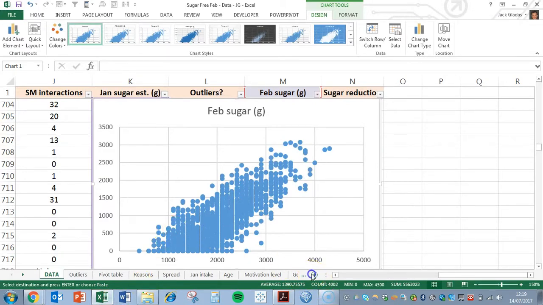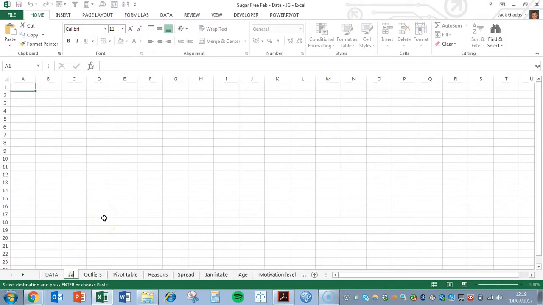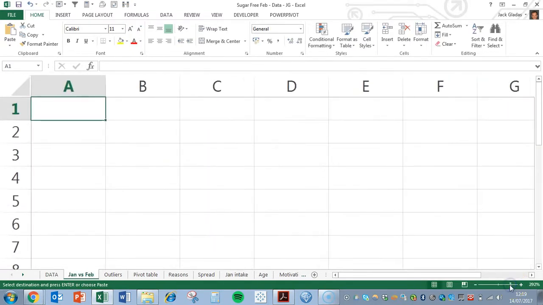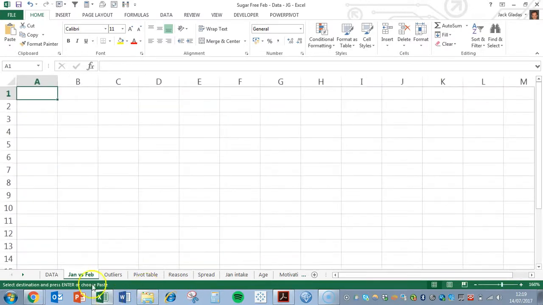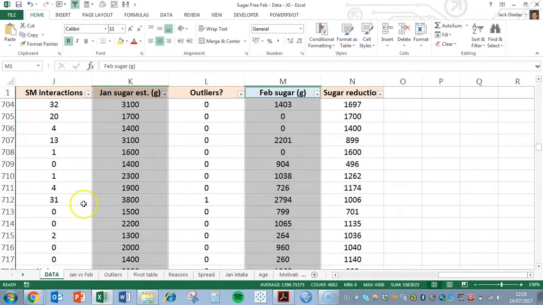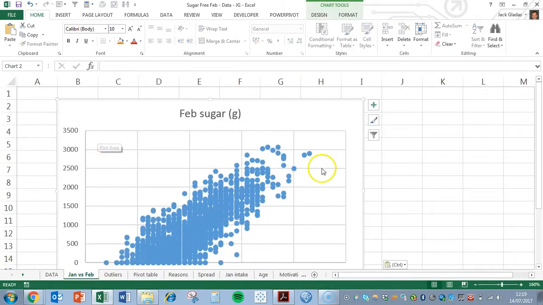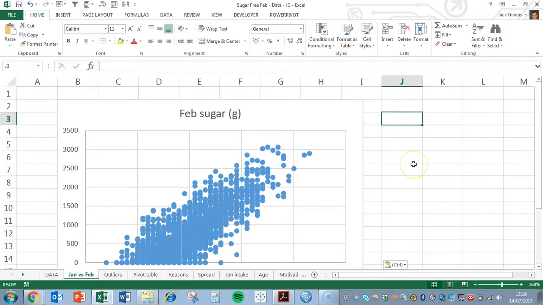If we open up a new sheet, let's call it Jan versus Feb. And actually, I'm going to take our scatter plot that we've created and pop it in there as well. Keep things tidy.